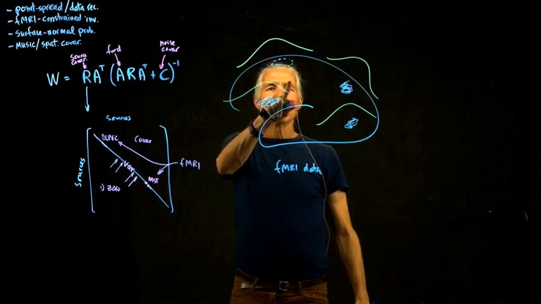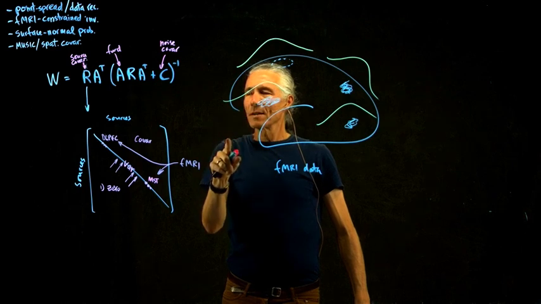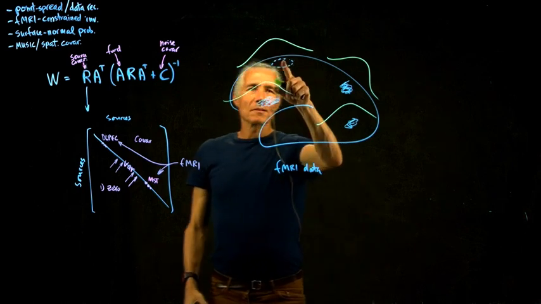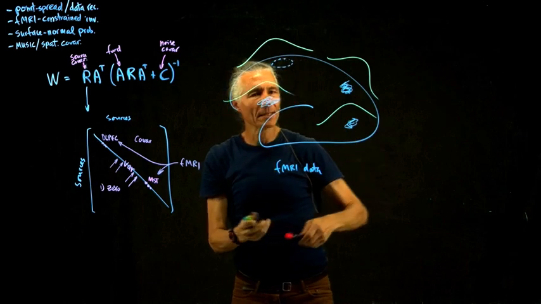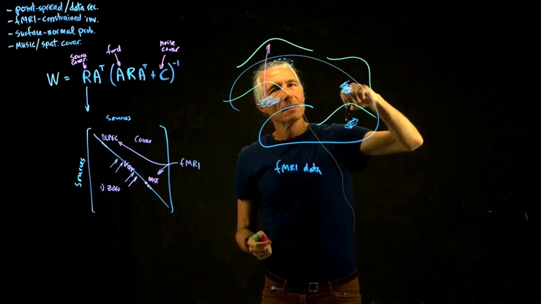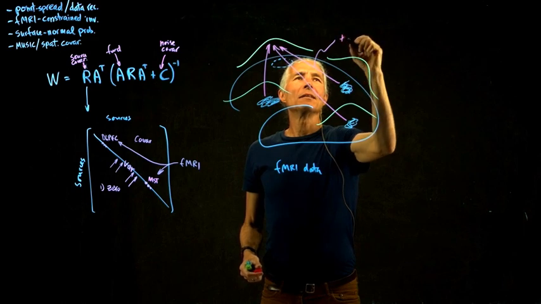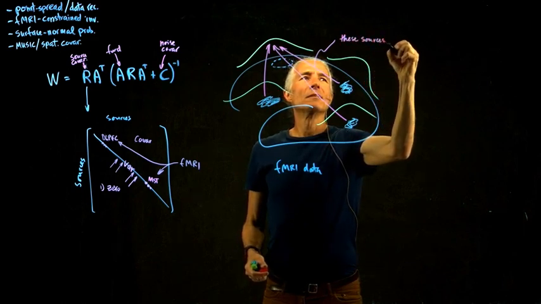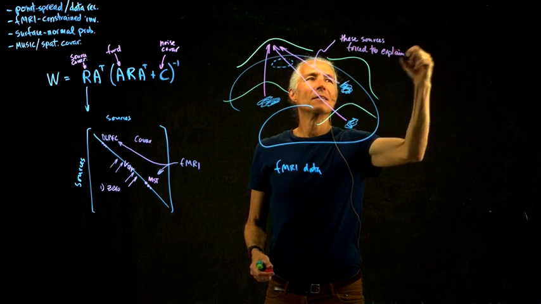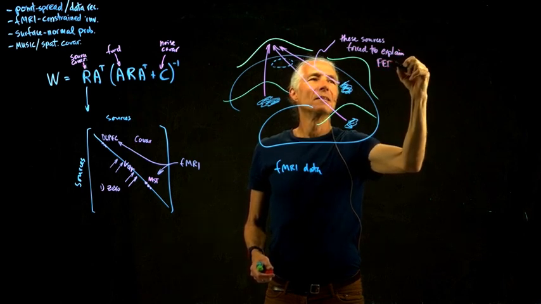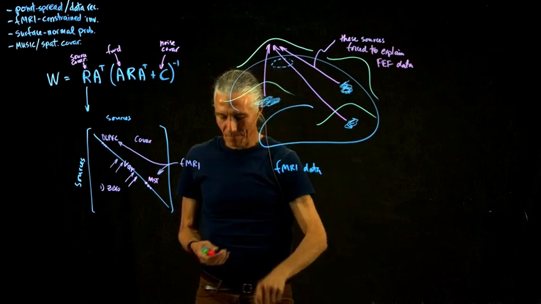If we turned the expected variance down to 0 for all these areas, then somehow these other sources are going to be forced to explain the frontal eye field data, because we still have to explain the data that actually occurred.